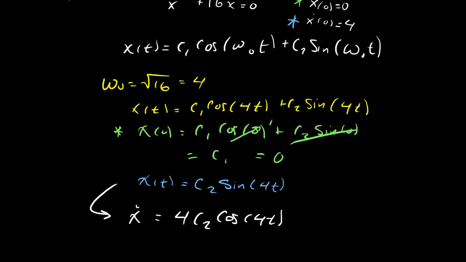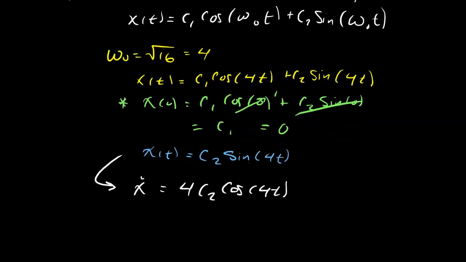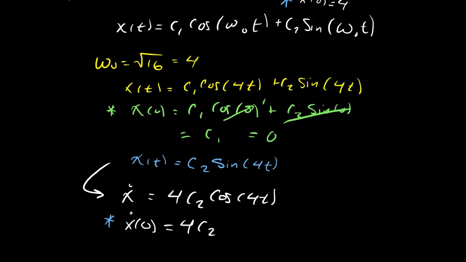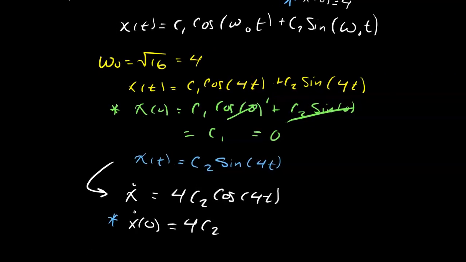If we stick in that initial condition, that tells me x dot at time 0, which in this case is equal to 4 times c2 cosine of 0 is just 1. That is equal to 4 we were given.